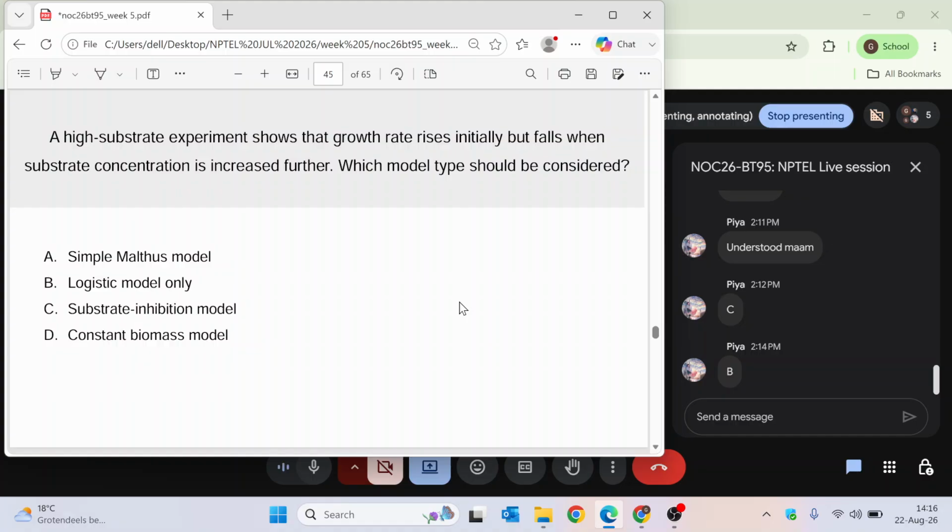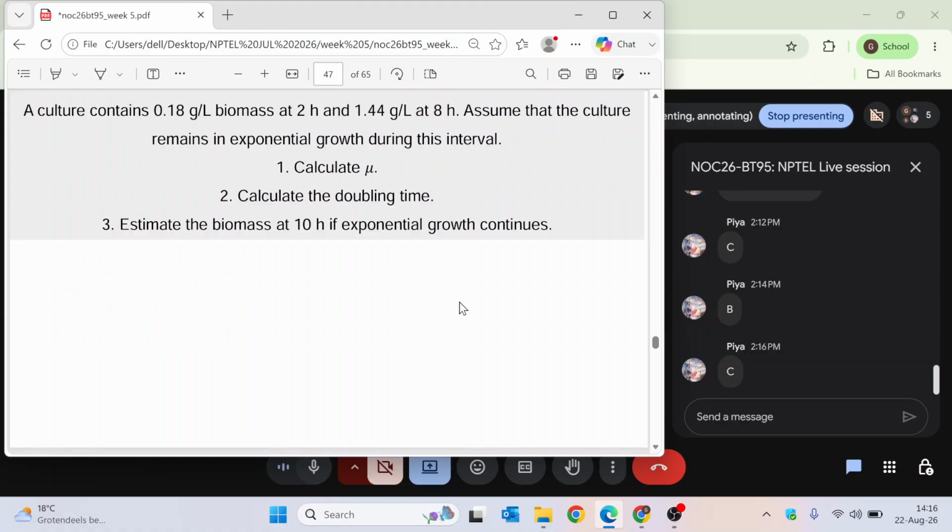The assertion of the first question that we saw today. Whenever we increase the substrate, we cannot directly expect an increase in the growth rate, mu value. So this is substrate inhibition.